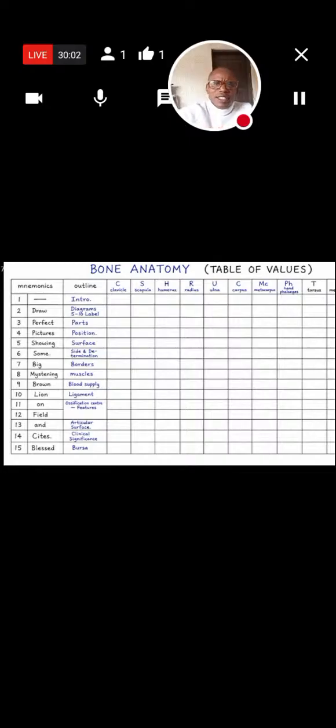So we said, I draw perfect picture showing some big, mysterious brown lion on jasper field, excluding sparkling cities.